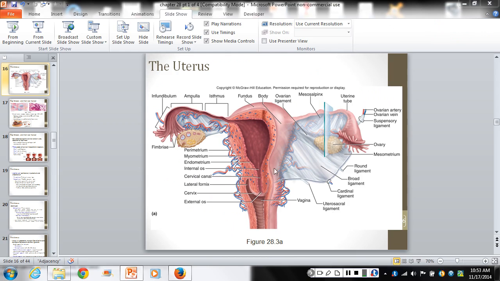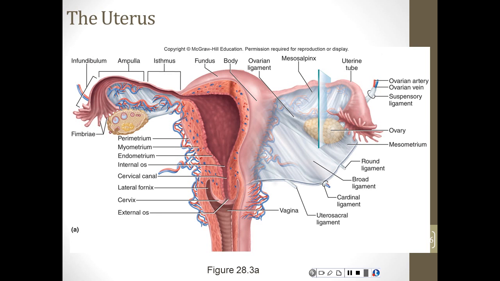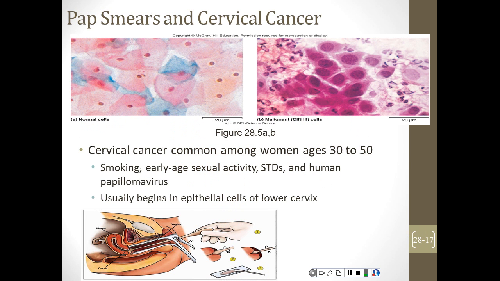Alright, let's take a look at pap smears and cervical cancer. Let's start off with pap smears. At the bottom of the screen, you may not have it on your slide because I just added it, you see a pap smear being performed.